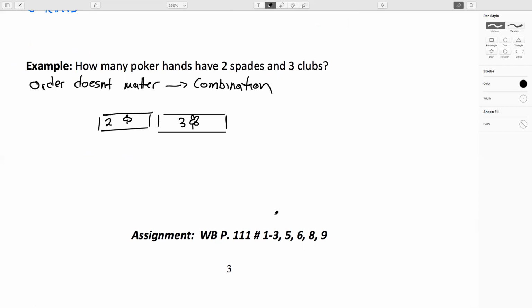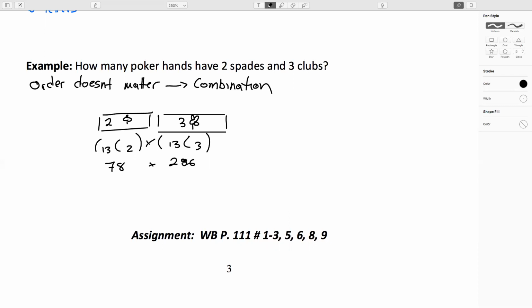So n is going to be 13 for both of these, and r is going to be the number we're picking. So if we're picking 2 spades, 13 choose 2 is the number of ways to pick them. If we're picking 3 clubs, 13 choose 3 will get us the number of ways to pick them. 13 choose 2 is 78, and 13 choose 3 is 286.